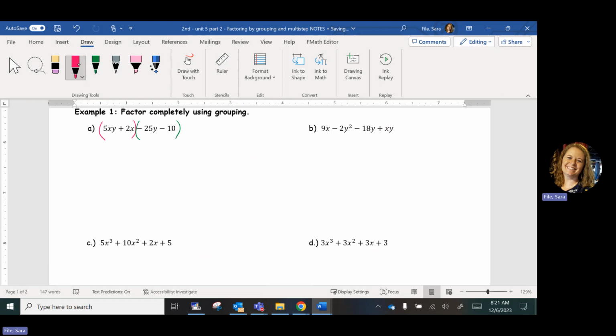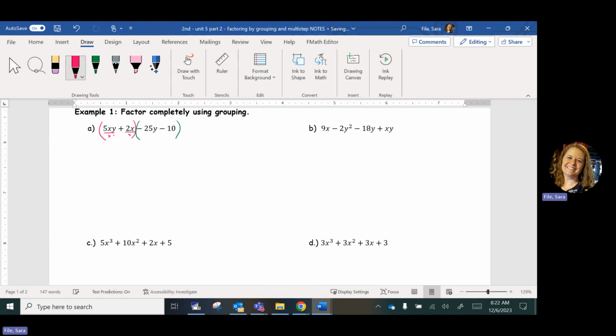So in my first group, the pink group, what is the GCF of the 2 terms in the pink parentheses? What could both of these terms be divided by? X. No number could come out of 5 and 2, but an X can come out of both of those terms.